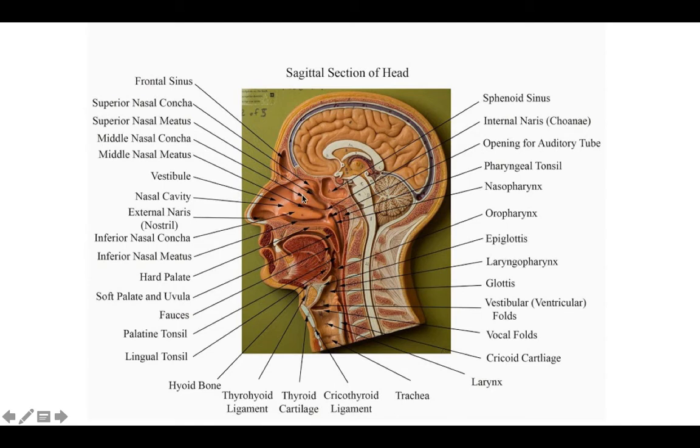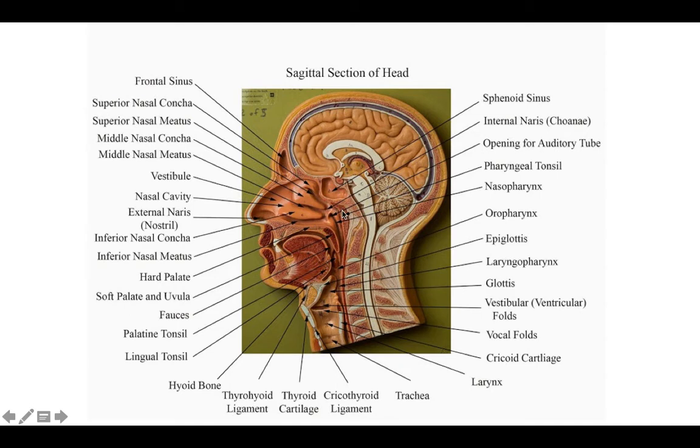So the bone here has three folds: the superior nasal conchae, the middle nasal conchae, and the inferior nasal conchae. And that creates three narrow passageways, what we call the meatus: the superior nasal meatus, the middle nasal meatus, and the inferior nasal meatus.